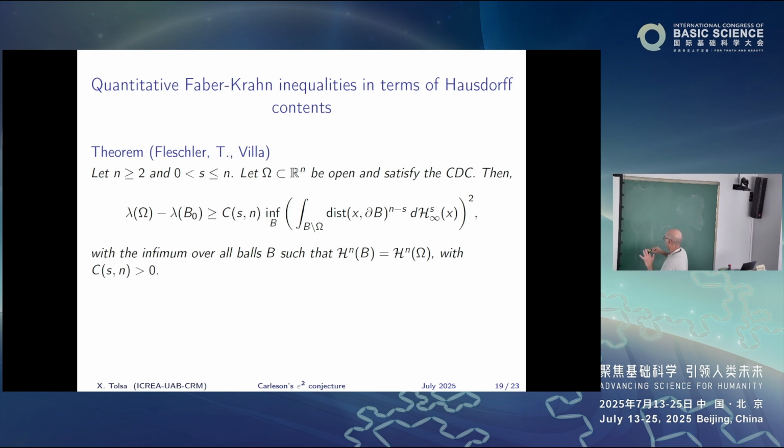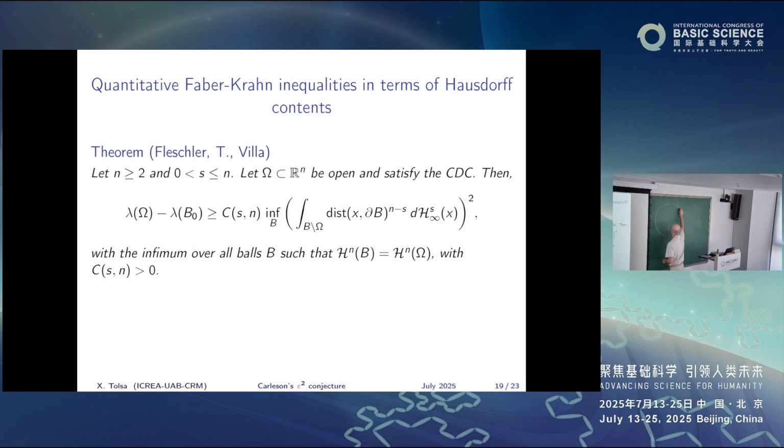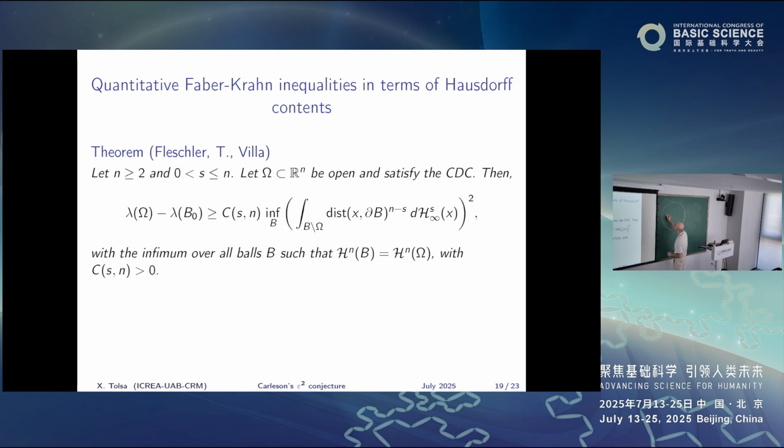Let me remember. If I remember well, we say that lambda omega minus lambda b is larger than, I think, the supremum over all these radii. So this is the radius r, and then we put here radius r.